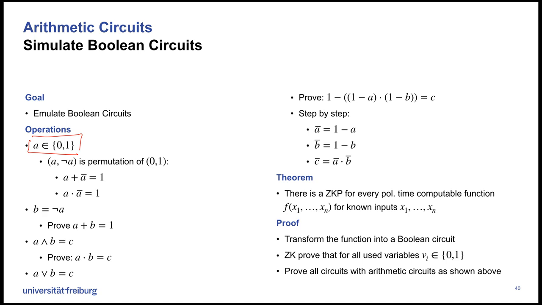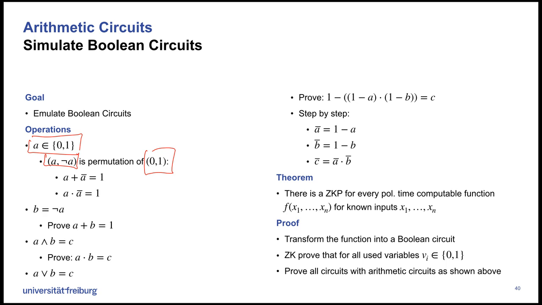I want to prove that A is either 0 or 1, but I don't want to reveal A. So I can do the following. I can prove that A and not A is a permutation of 0, 1. So here I store two numbers in my hidden statement, and here I publish 0 and 1, and prove that this is a permutation.